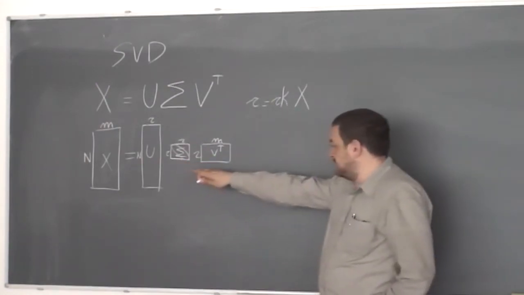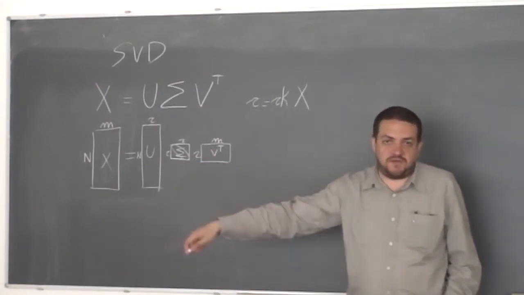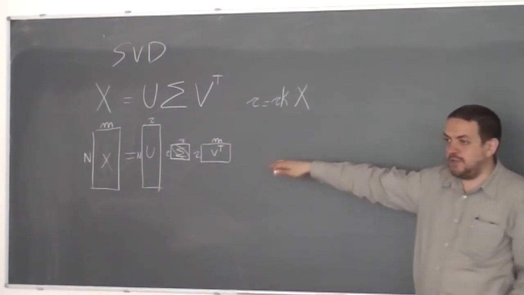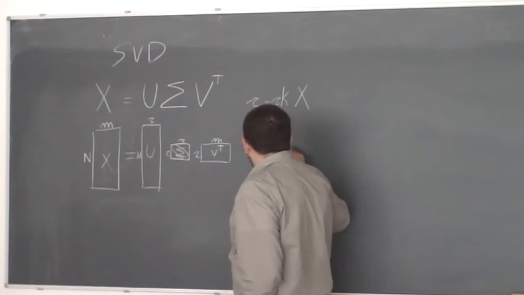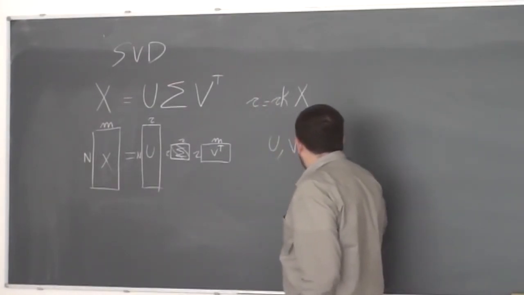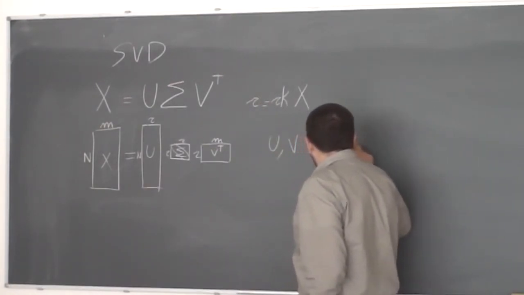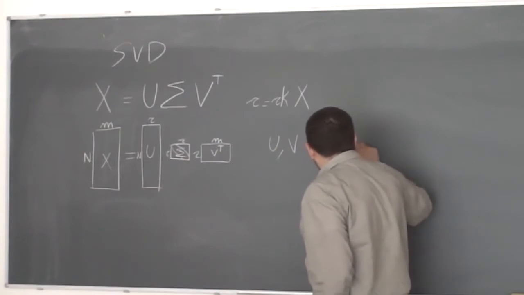So, of course, what I have just said does not define this uniquely. Additionally, U and V are column orthonormal.